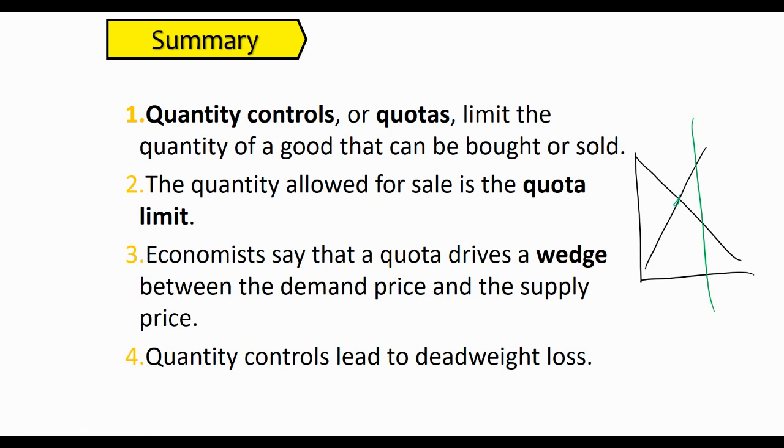But if, let's say, supply shifted way out here, now it's going to be effective, and we're going to see a dead weight right here in this little tiny area. Okay. So once again, there's that wedge that's driven in there that causes the price to go up and the supply to be lower that producers receive. But that quota rent is going to the government.